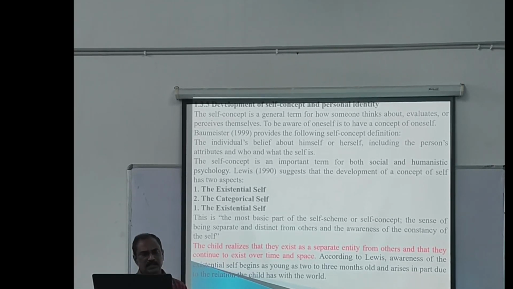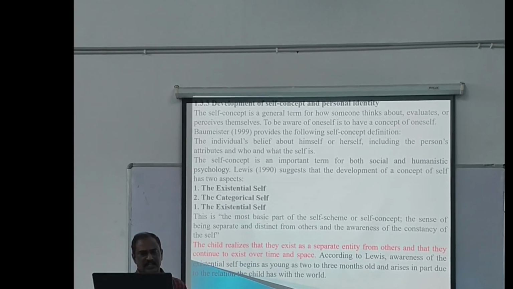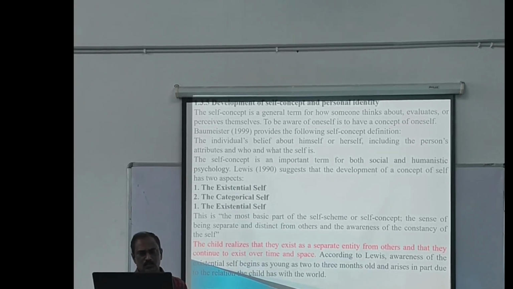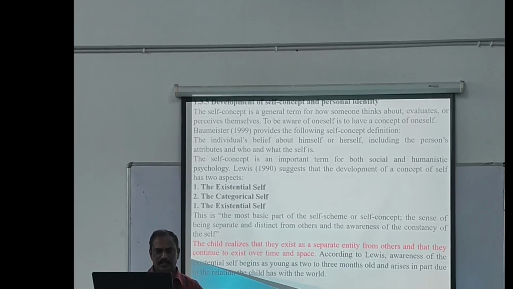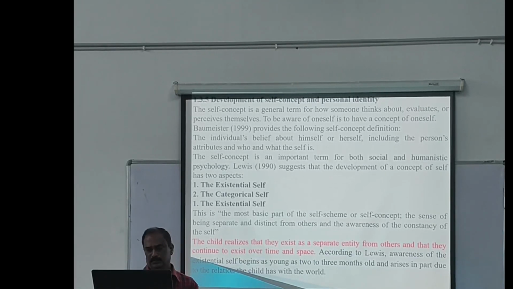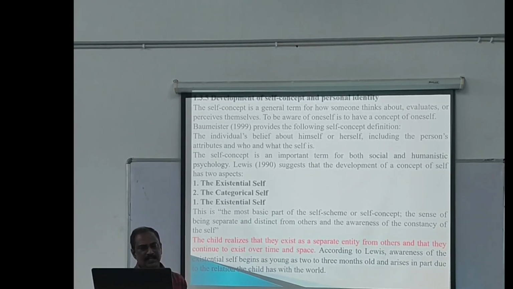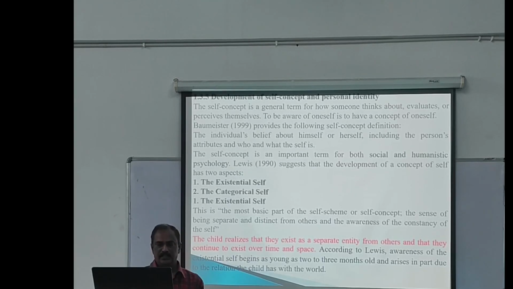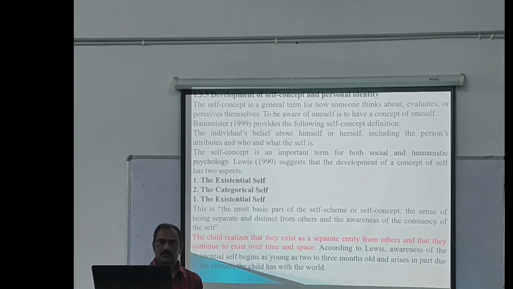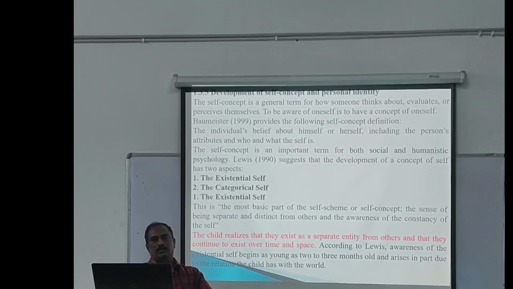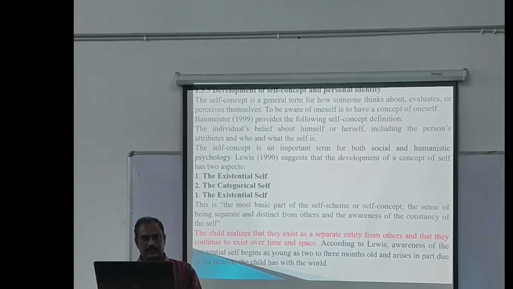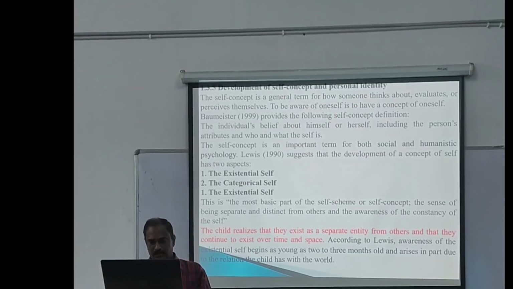According to Lewis, awareness of the existential self begins as young as 2 or 3 months old and arises in part due to the relation the child has with the world. So, this is very important. We have to make the environment and people good so that this existential self develops in a beautiful manner.